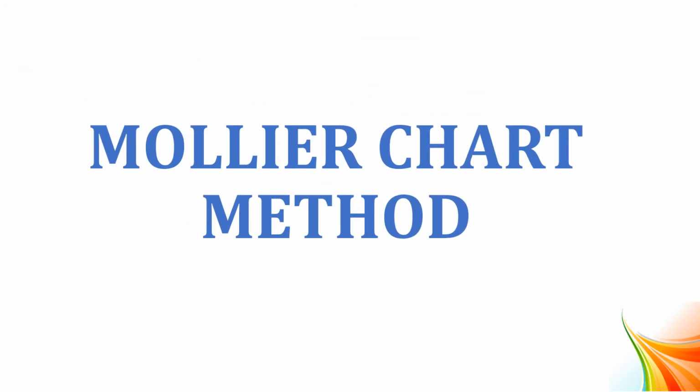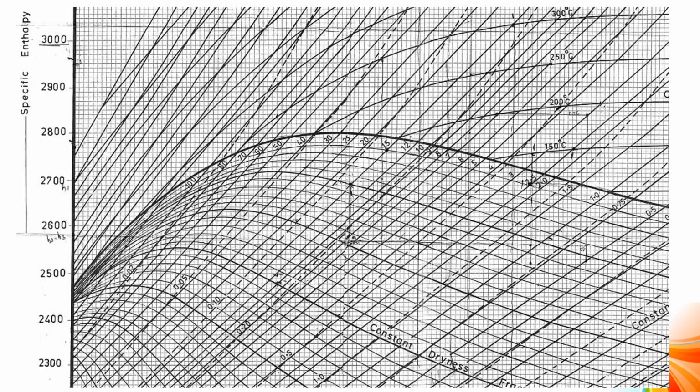Now we can solve this problem by using the Mollier chart. See, this is the Mollier diagram. For finding the values of H1 and H2, we are using this Mollier diagram. The y-axis of the Mollier diagram represents specific enthalpy in kilojoule per kilogram and the x-axis represents specific entropy in kilojoule per kilogram Kelvin.